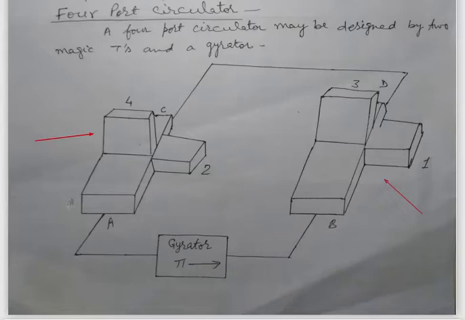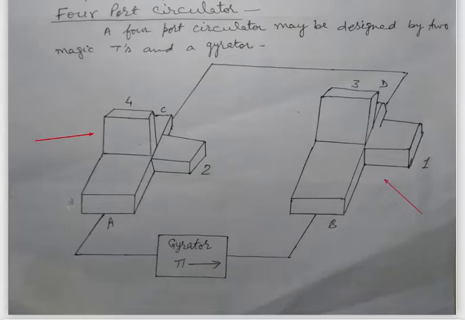In the figure, for the sides marked as A, B, C and D of the 2 magic tees, the electrical path lengths from A to B or B to A, and similarly from C to D or D to C, are the same.